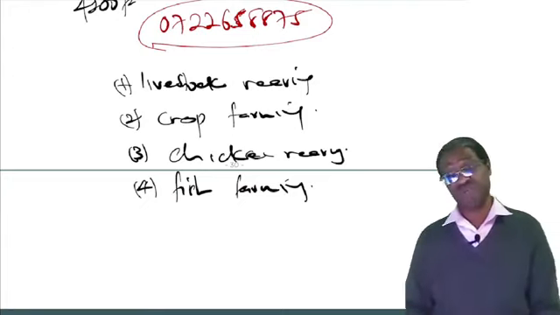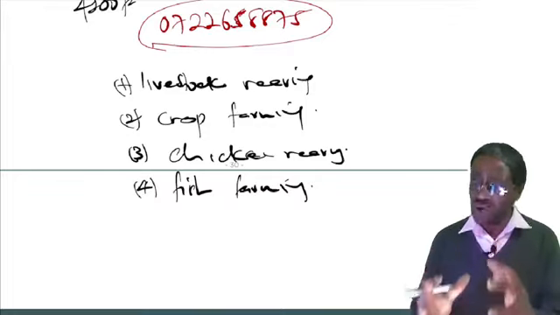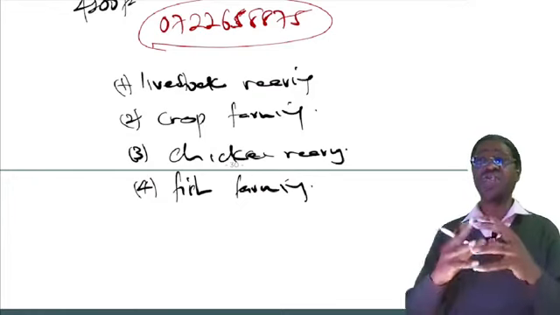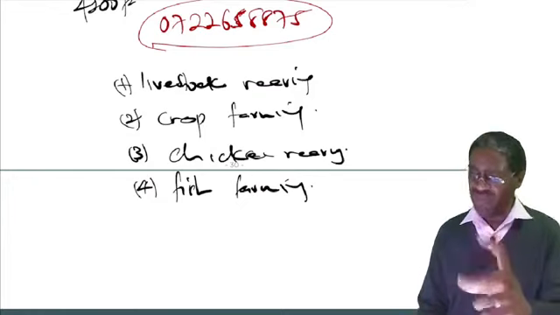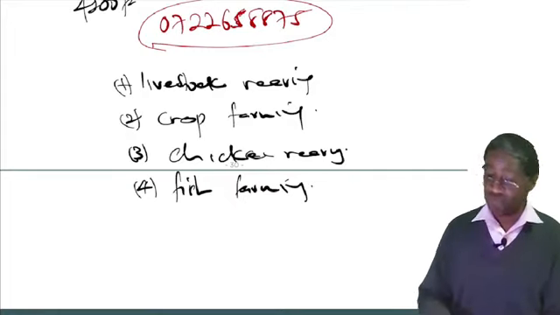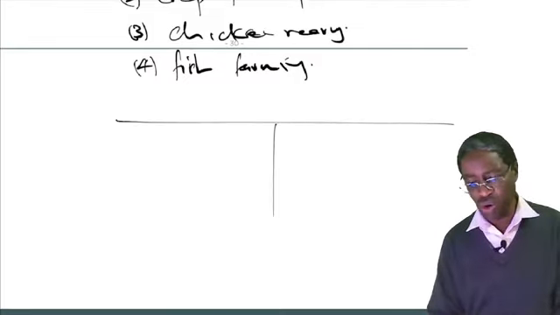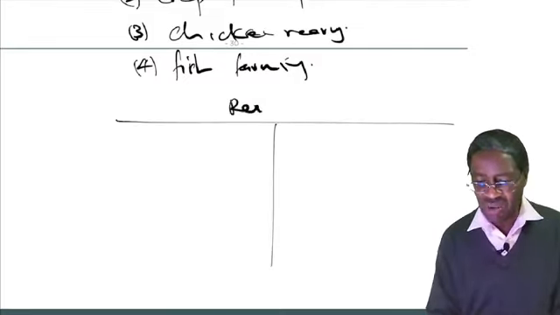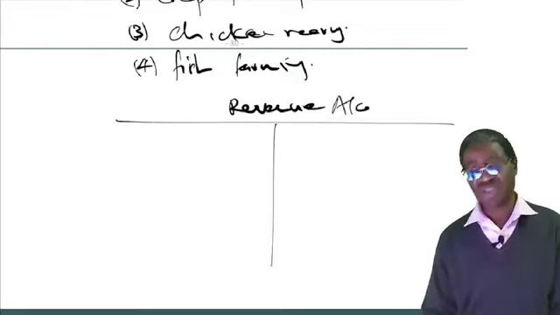Once you classify your agricultural activities into any of these 4 categories, for each of them you are required to prepare what we call a revenue account.